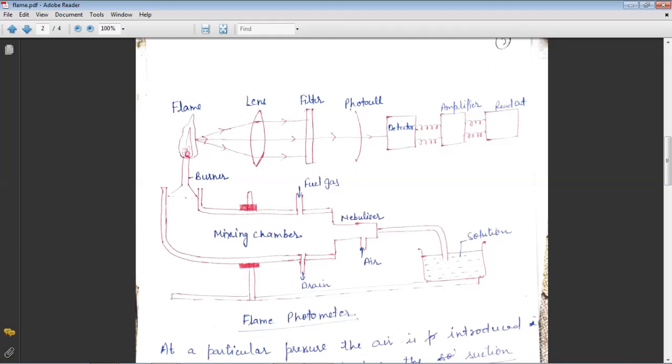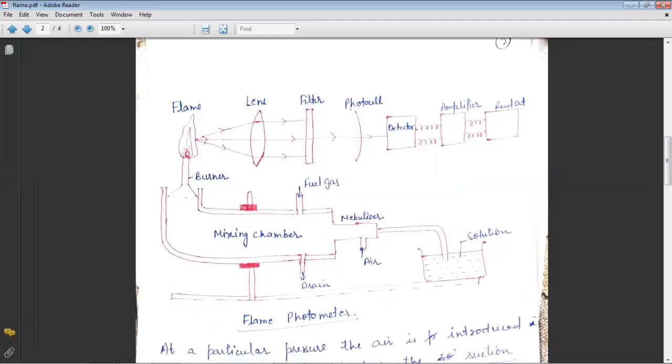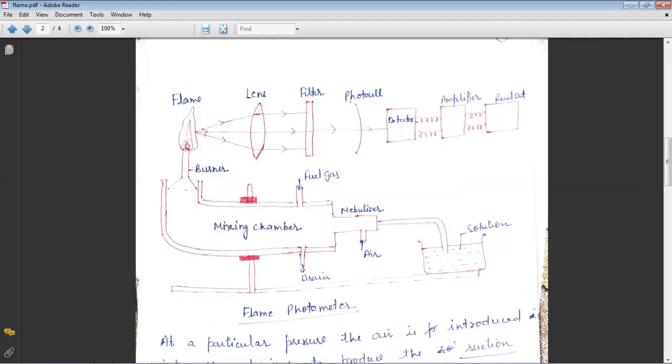Then the metal solution goes to the mixing chamber. After that it comes in contact with the flame and the electrons are excited, so that we can detect the color of the metal and check the wavelength. Then there is the lens, the filter, the photocell, then the detector, then the amplifier, and after that the readout. Okay, so here is the process.